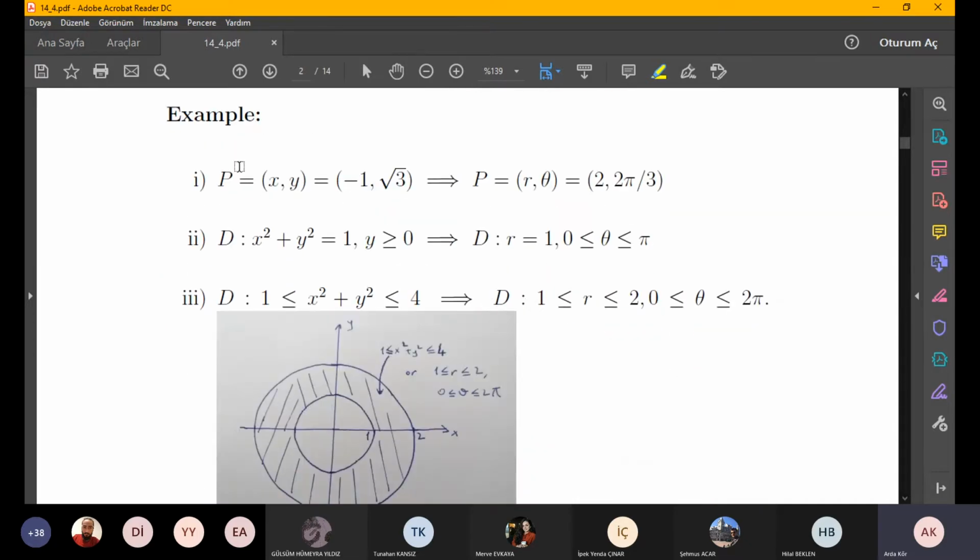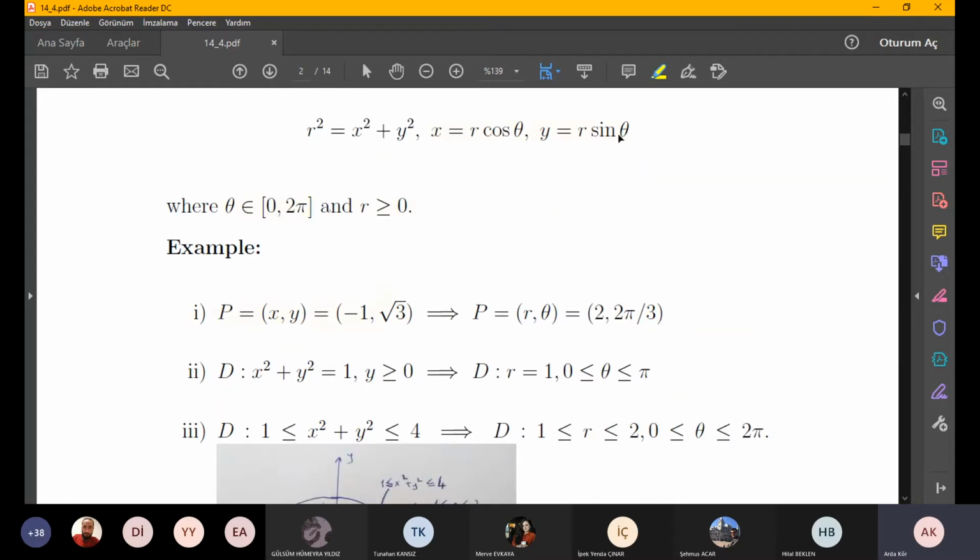If we try to give some examples, for example, say we have Cartesian coordinates (-1, square root of 3), then from those equations r is 2 and theta is 2 pi over 3. This is how you define P in the polar coordinate system.